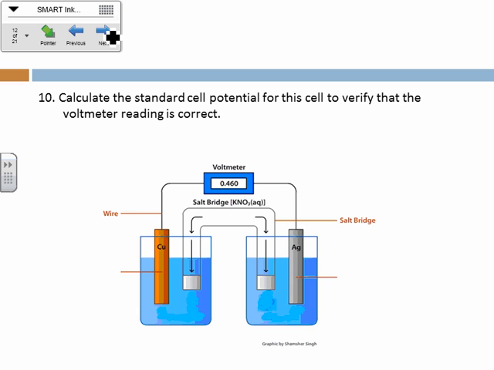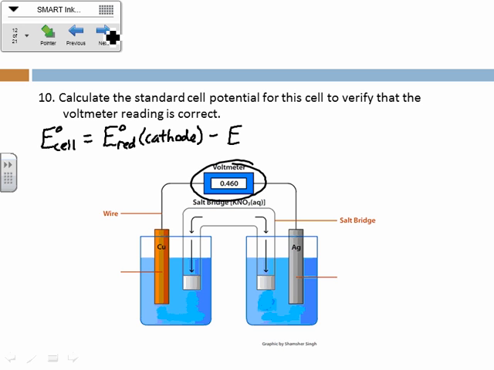The standard cell potential for this cell, we want to verify the voltmeter reading is correct. So here's the voltmeter reading. In order to calculate the standard cell potential, we take the reduction potential of the cathode minus the reduction potential of the anode. The reduction potential of the cathode, which we have decided is the silver, is going to be 0.80.